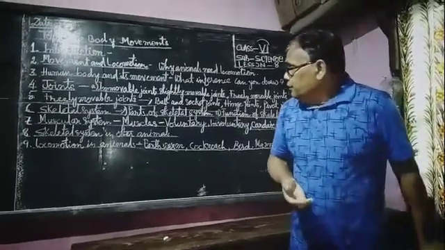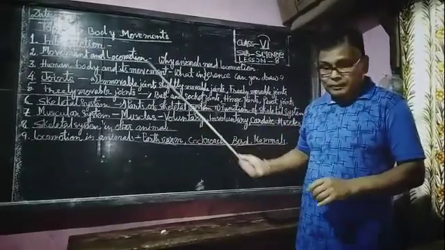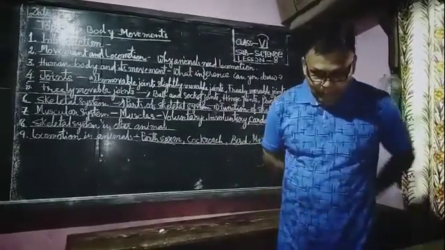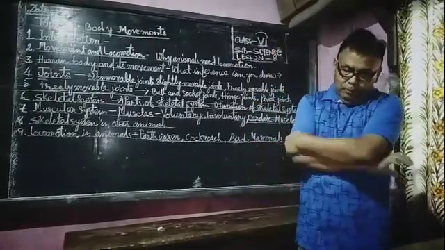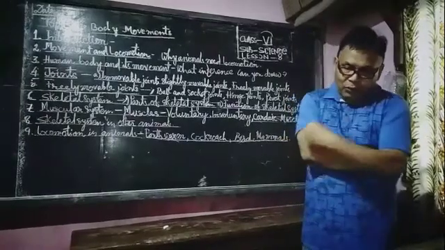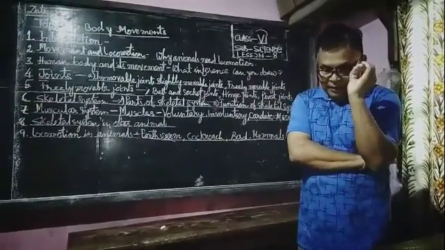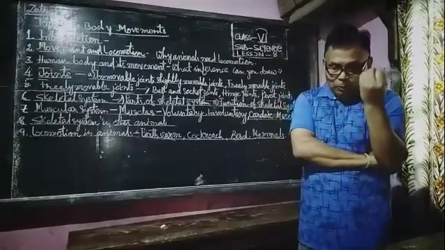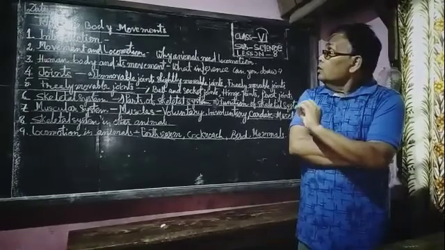Our third point is human body and its movement. Let us start by finding out the movements which we make daily and then try to move the various parts of the body. So what happened?